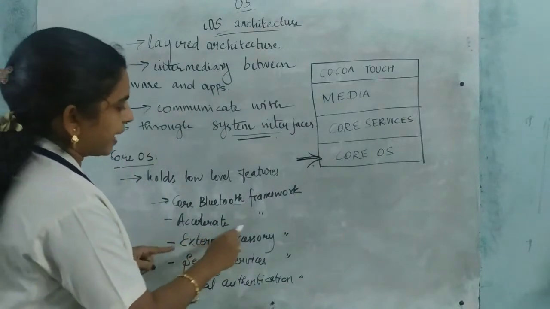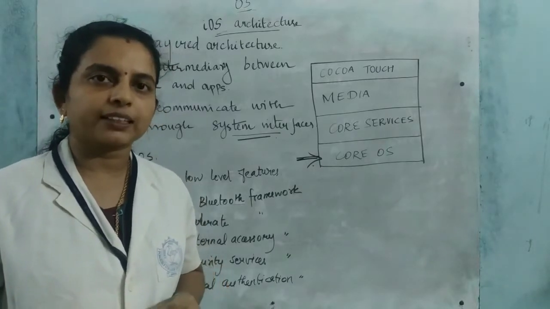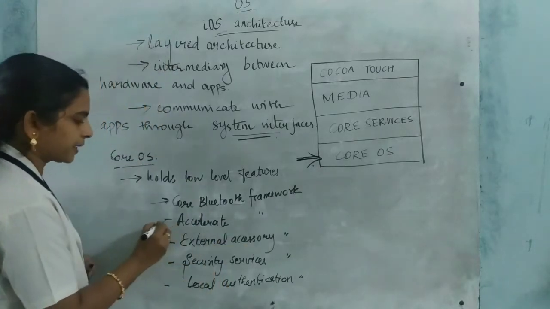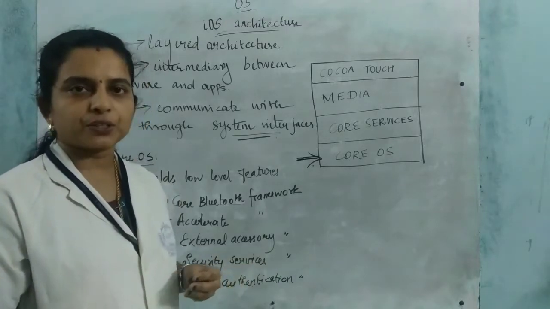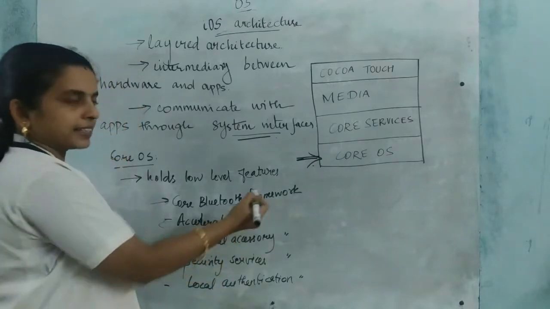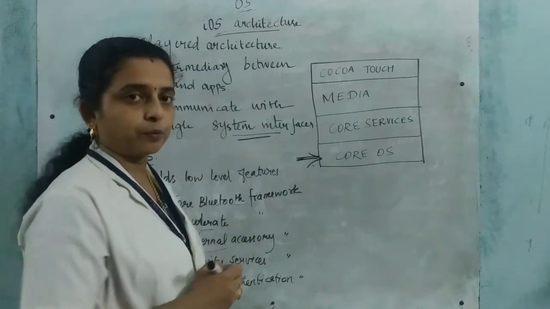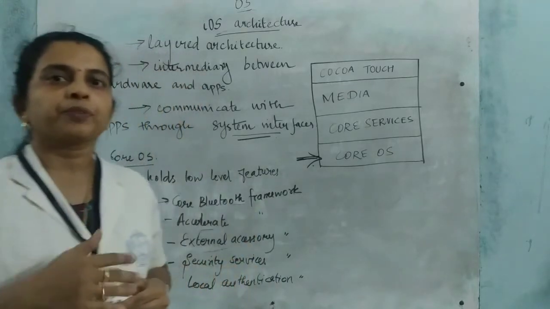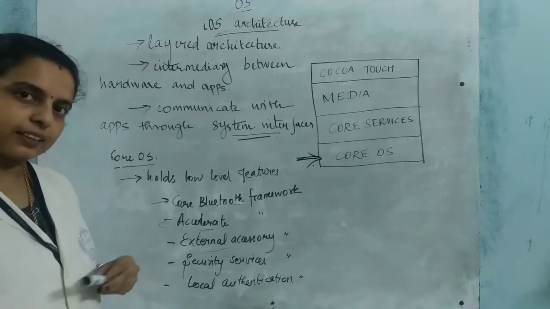Then the Accelerate framework. Some mathematical functions, like calculations, algebraic functions and other mathematical functions, are done by this Accelerate framework. Then the External Accessory framework: external accessories, like communicating with other systems.